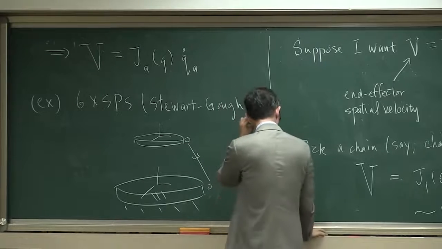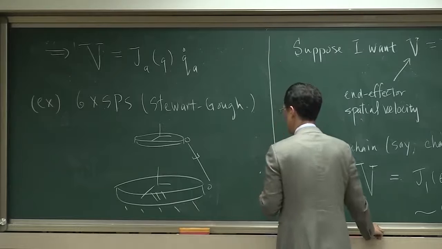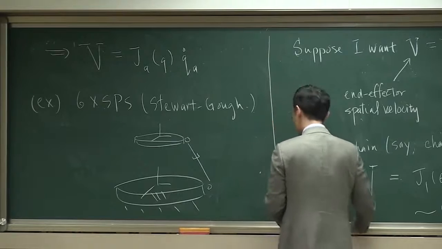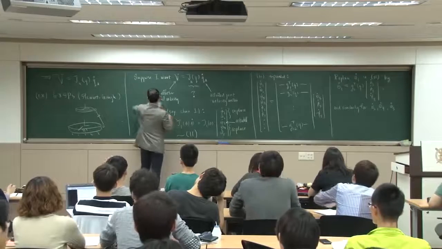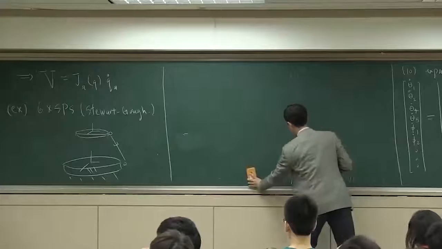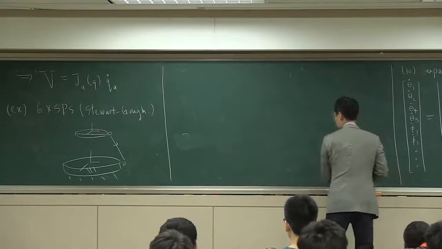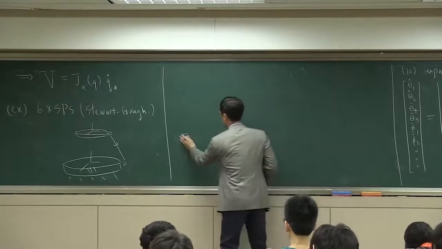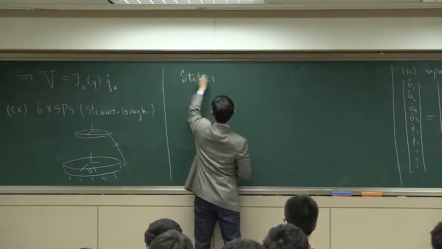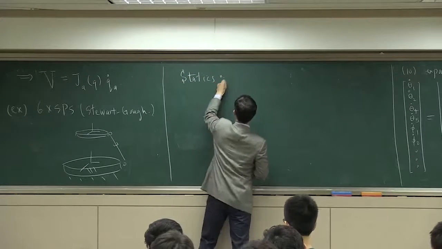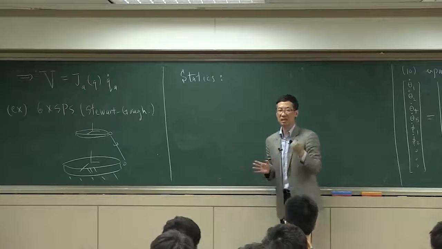So let's see. First thing we need to do is define some vectors here. Actually, before we define the vectors, let's write down the static governing equation for static analysis.